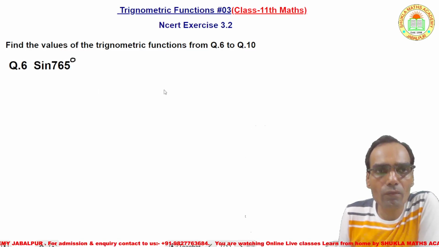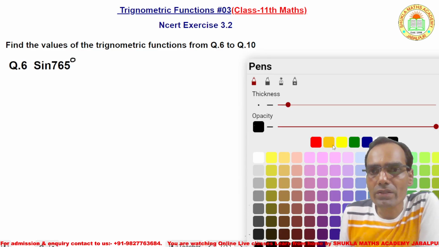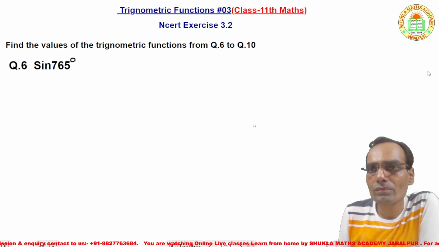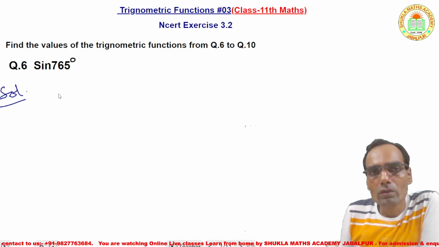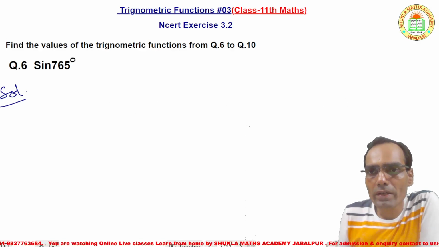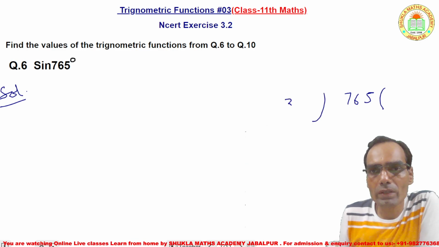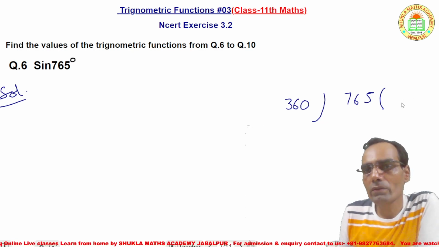So now see that the first question is: find the value of sine 765 degree, right? Okay, so we will solve this. So sine 765 degree. First you can divide 765 by 360, because we want to write this angle as a multiple of 2 pi.